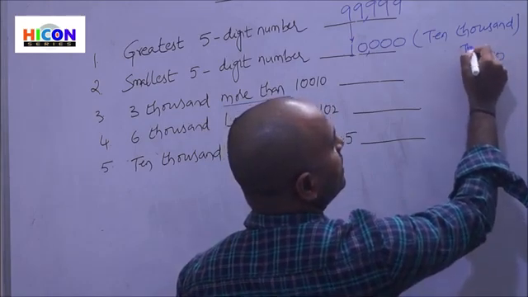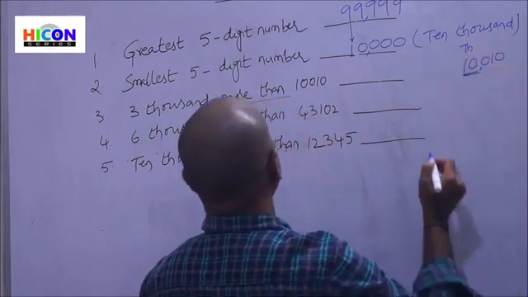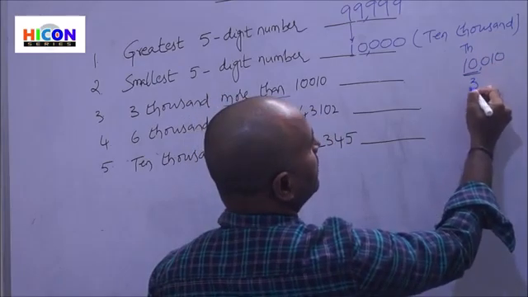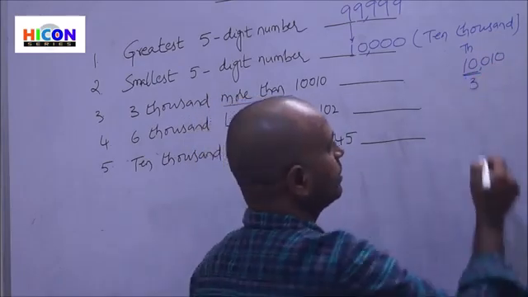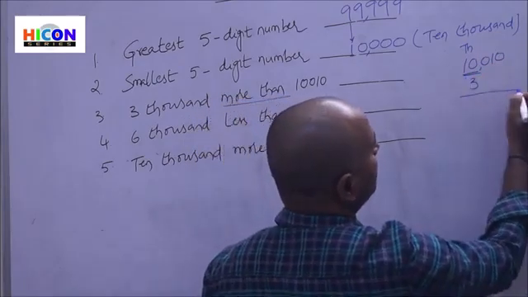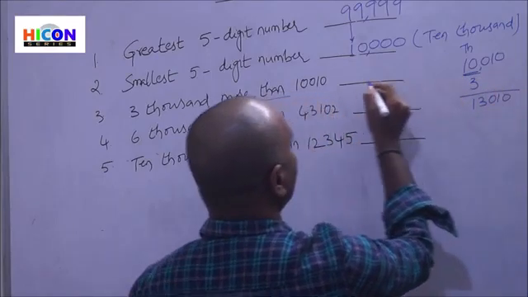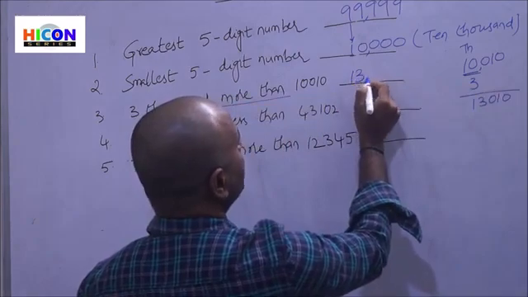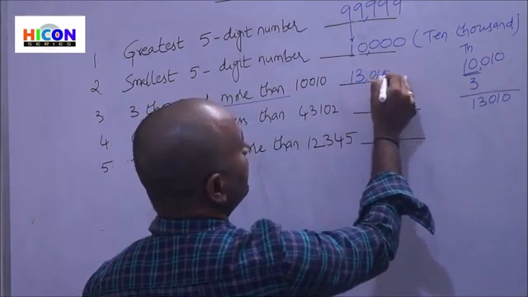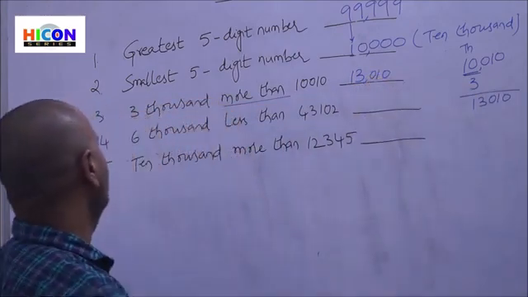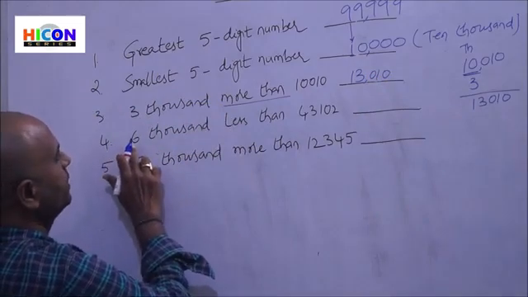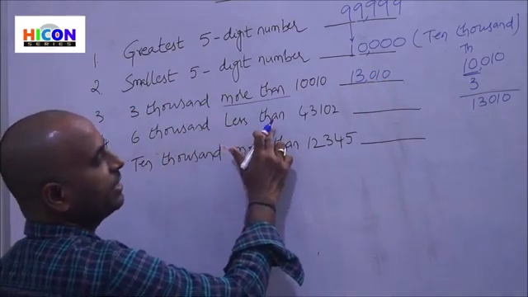We add 3 thousands and get 13,000, so 13,010 is the answer.